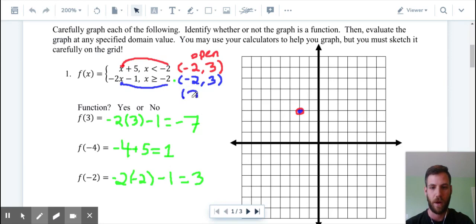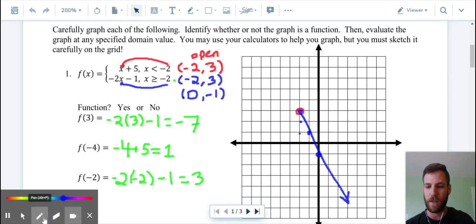So 0, negative 1 would be my next point. So 0, negative 1 is down here. I could also just follow the slope, down 2 and over 1, to make that point. And so this would go down like so, with an arrow on the end.